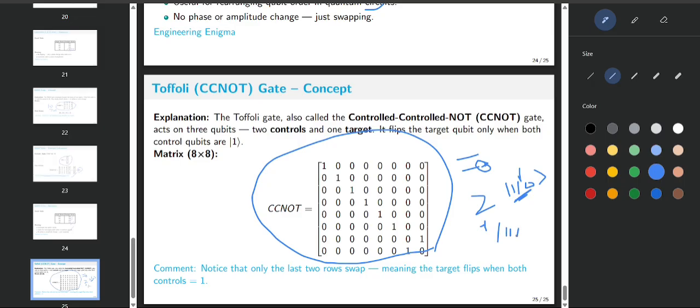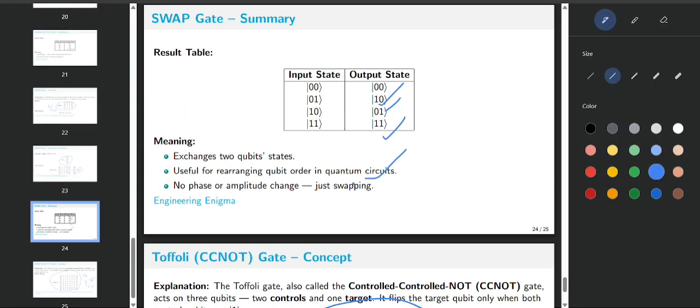The last element is the target, so the target will flip and you will end up getting 1 1 1. If the two controls are not 1 1, for example 0 1, 1 0 or 0 0, then the target won't change. That is what you need to know.